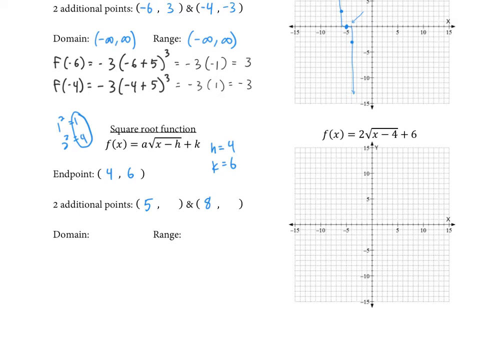Okay, so plug these in. It's 2 square root, and here I'm going to plug 8 into the bottom one, and then we'll simplify both.